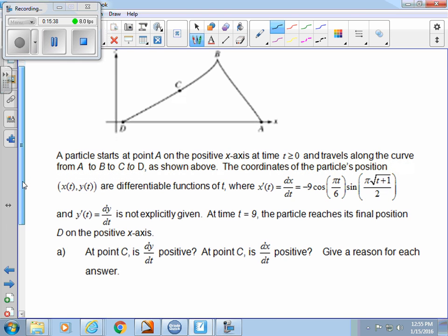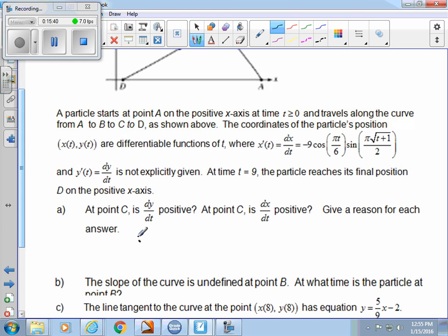So the answers to both of those are no. No, dy dt is less than 0 at C, the particle is moving down.